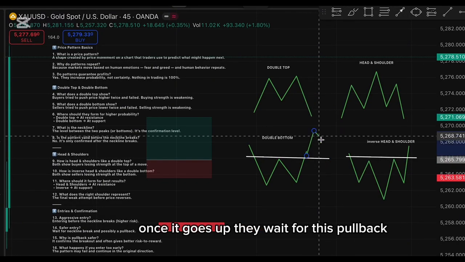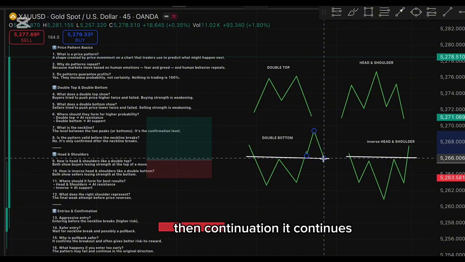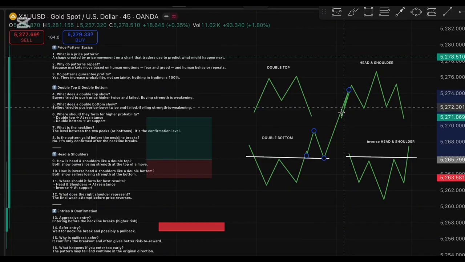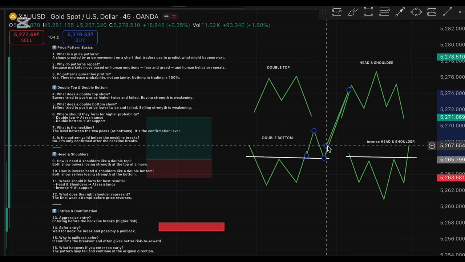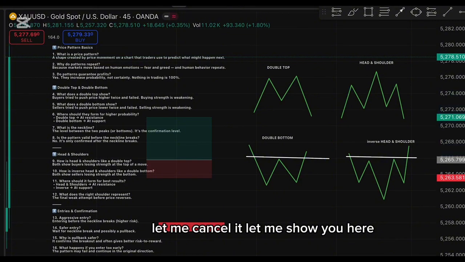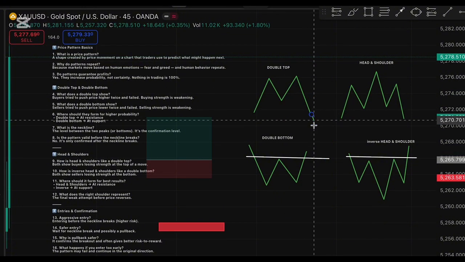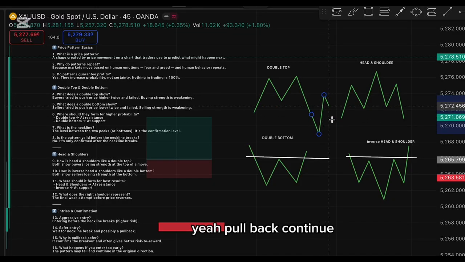Once it goes up, they wait for this pullback, then continuation. It continues. Let me show you here. Pullback. Continue.